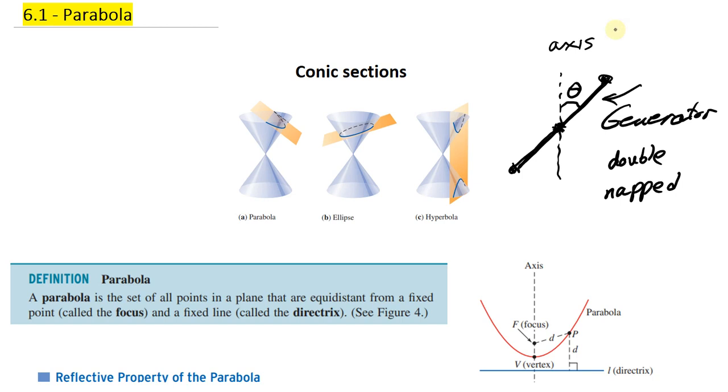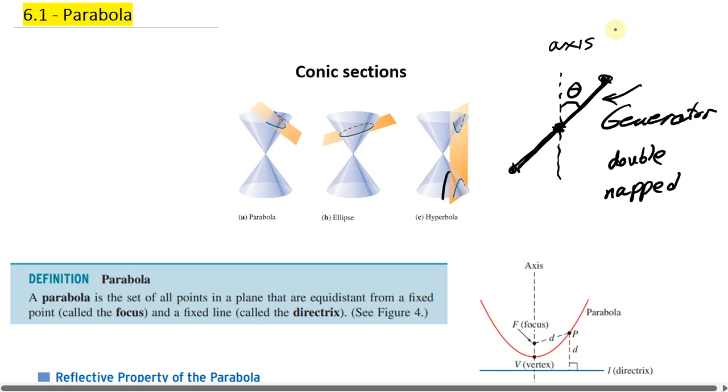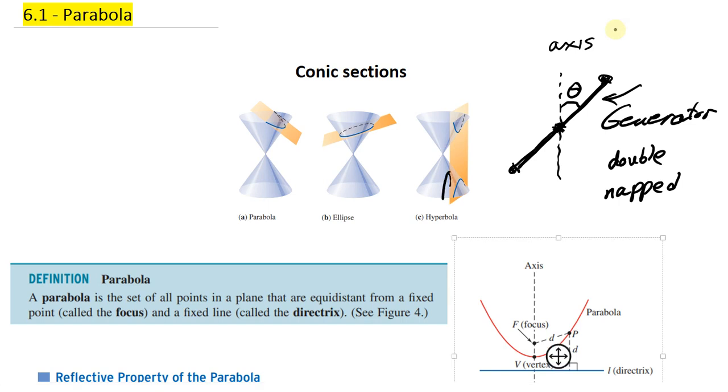And in this case, the latter, we have the hyperbola. With the hyperbola, again, we have this flat surface that is parallel to the generator. So if it crosses it, it will produce a hyperbola, which has part of that hyperbola outside one nappe. The other portion is in the upper nappe of the cone. All right, so we have these three conic sections.